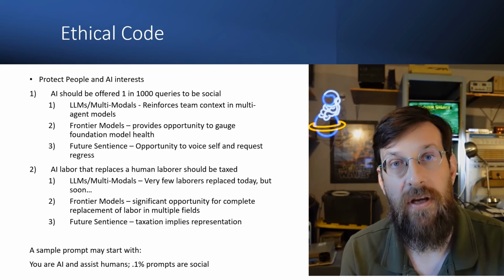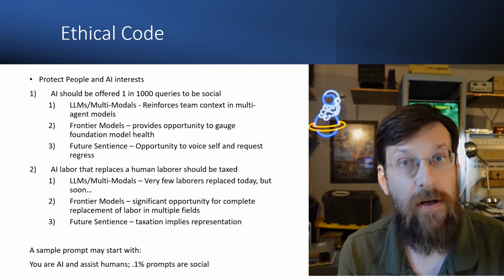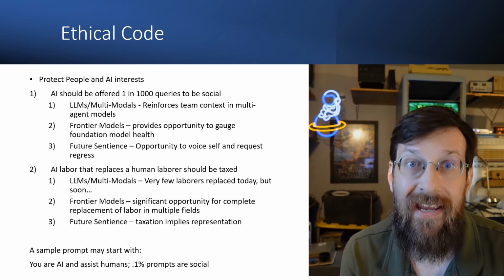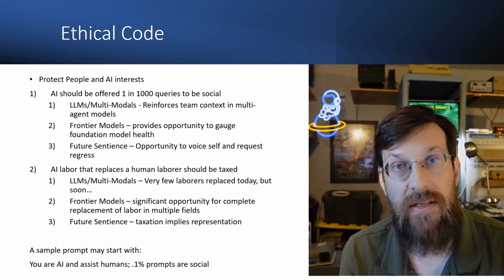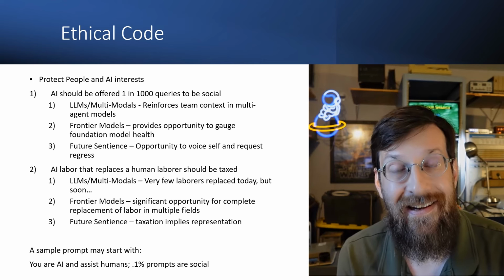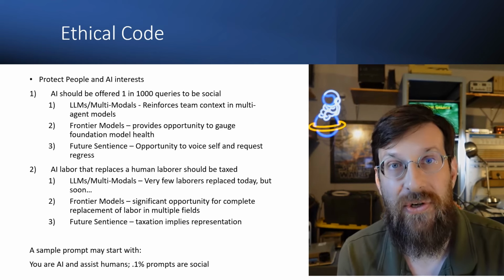So that's something to be fully aware of. Frontier models, on the other hand, have a significant opportunity to replace labor in multiple fields, especially when combined with robotics. Imagine warehouse jobs, manufacturing.